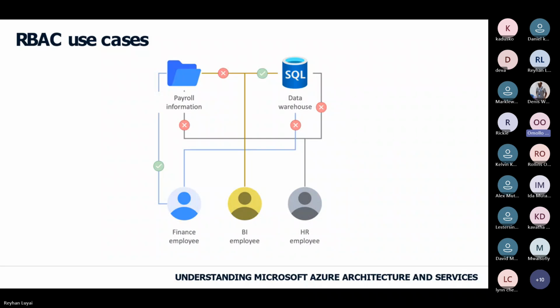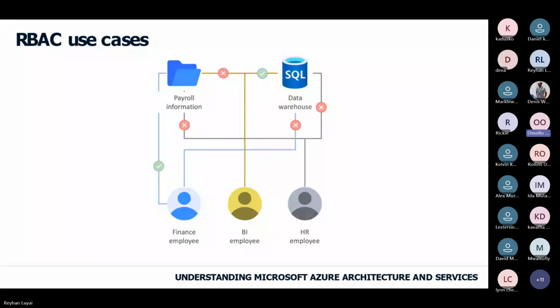And then in terms of resources, we have payroll information and we have the data warehouse. Now, I want us to take one example of the finance employee. The finance employee has access to payroll information, but he or she has no access to the SQL data warehouse. You see, we have the green mark and the red X.